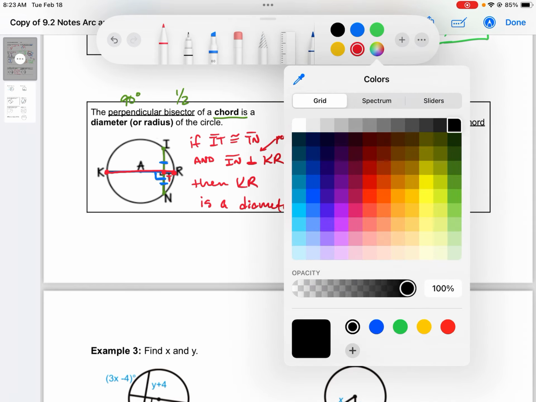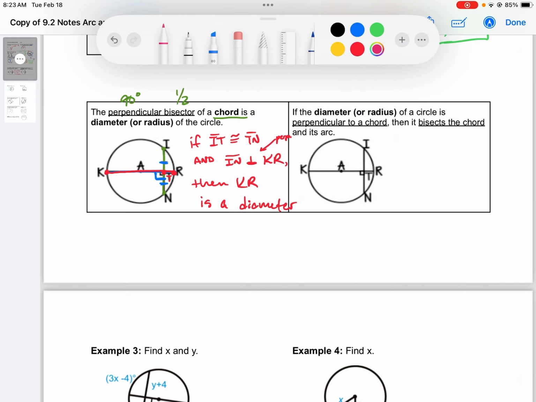And then we can also use the opposite of that. We can say that if the diameter of a circle is perpendicular to a chord, then it bisects the chord and its arc.